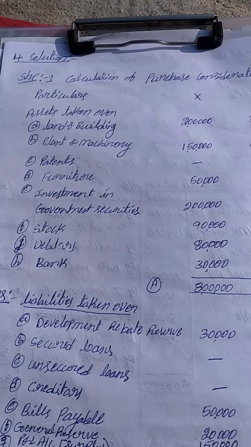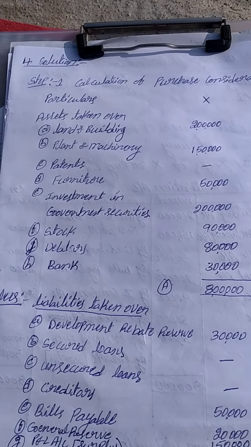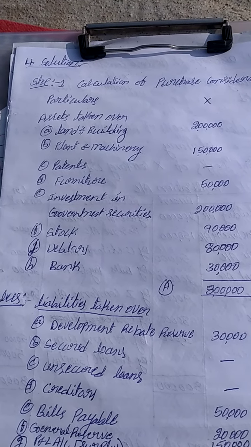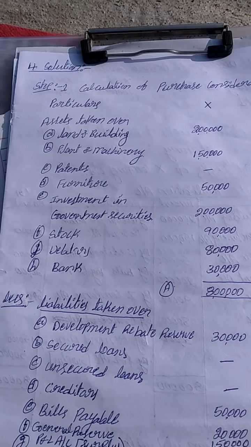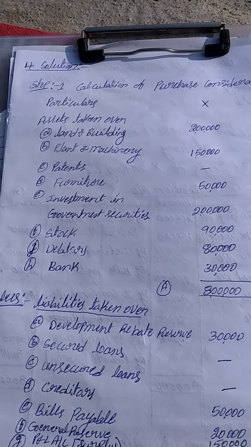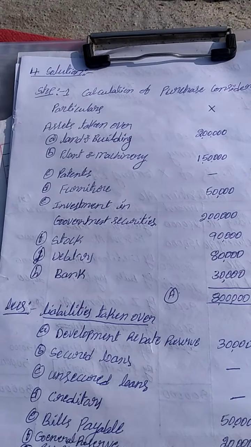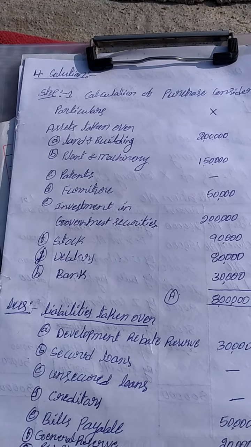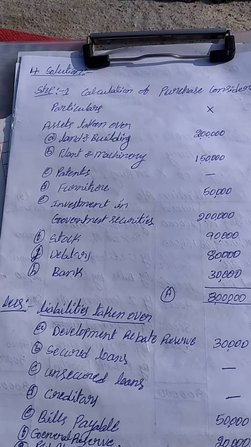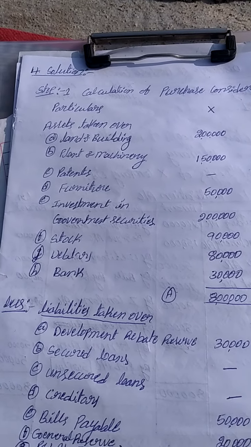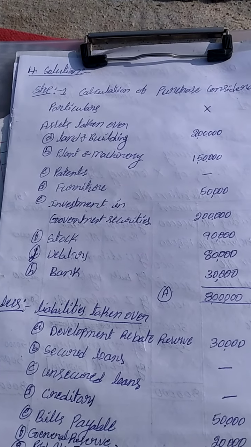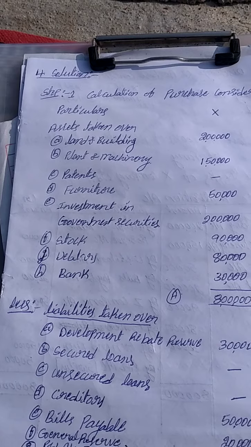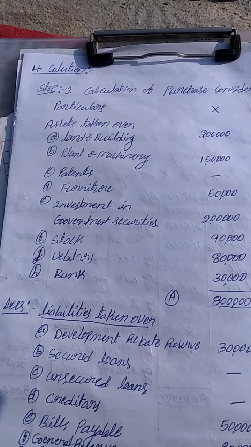You have to remember the conditions. Okay, then only you are able to solve the question. Automatically here the question does not specify any assets and liabilities taken over. That means proceed with the net assets method.